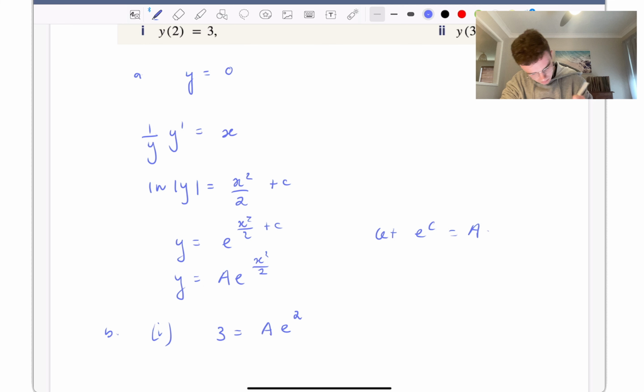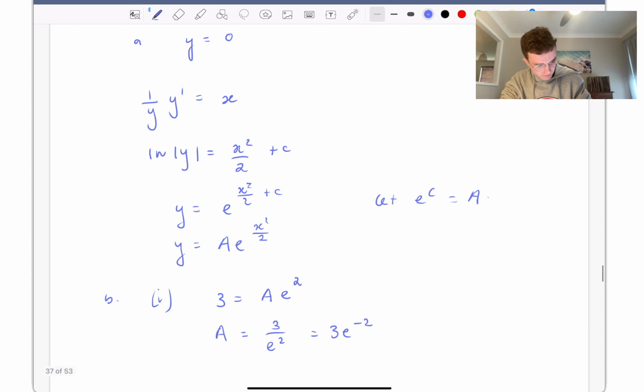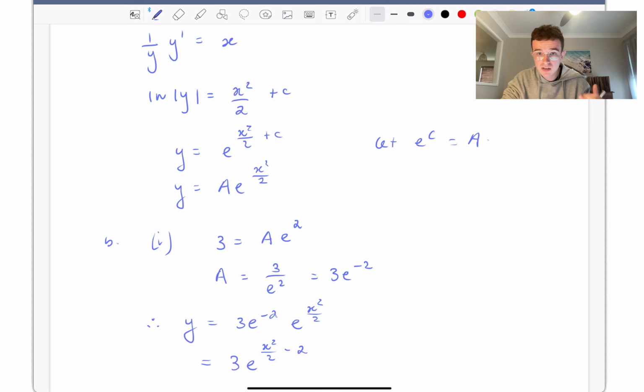So we're having a look at what is the value of a. Let's divide the e squared over. Now we're getting 3 on e squared, which is 3e to the minus 2. So therefore, this particular solution through this point is 3e to the minus 2, e to the x squared on 2, which you could simplify and say this is 3e to the x squared on 2 minus 2. So really our constant is minus 2.